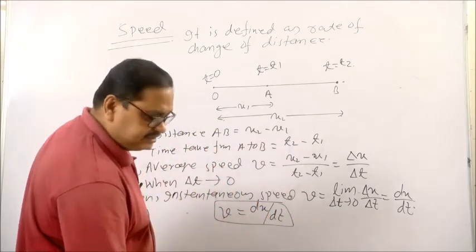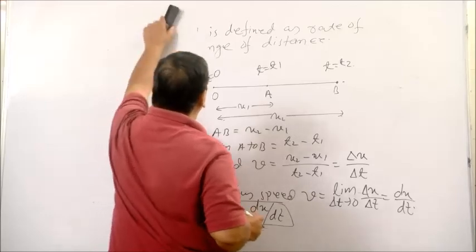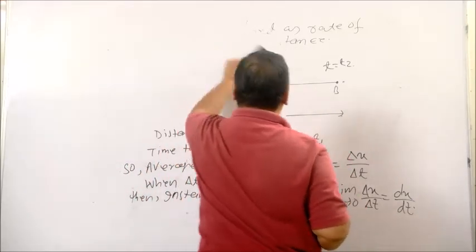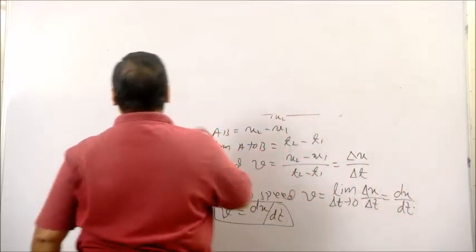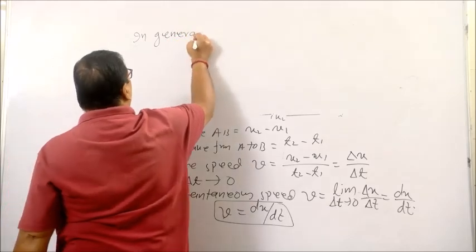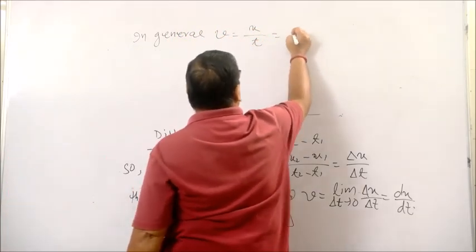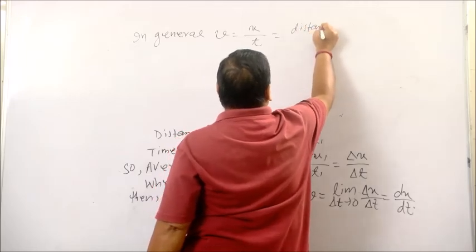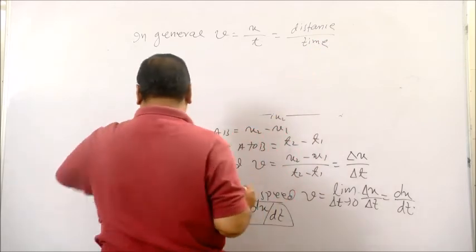Dx by dt means rate of change of distance, known as speed. So in general, speed is distance by time. The general mathematical formula is v equal to x by t, that is distance by time.